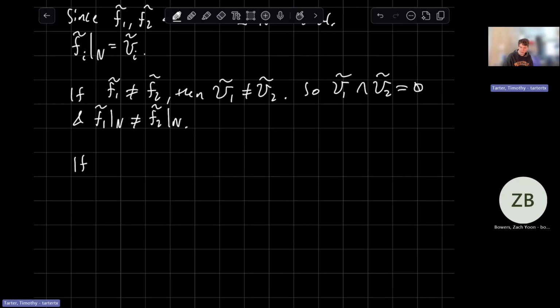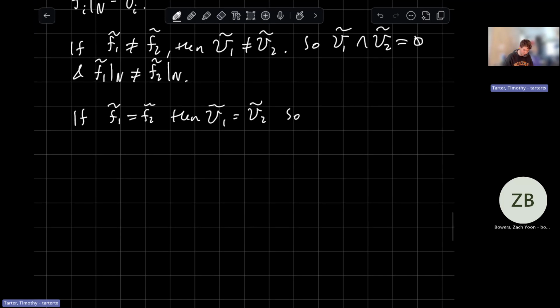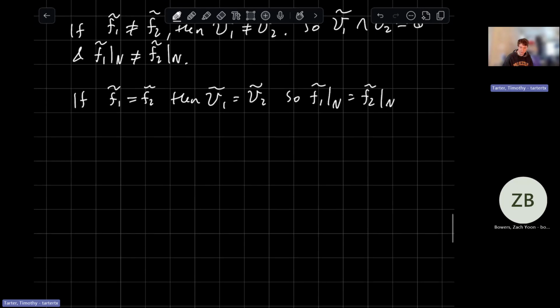Alternatively, if F1 is equal to F2, then U1 equals U2. So F1 on N equals F2 on N to satisfy continuity.